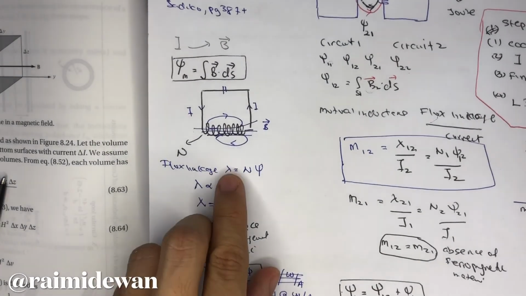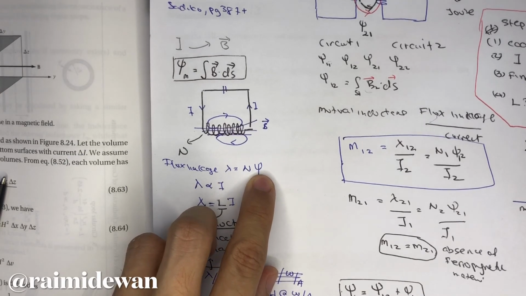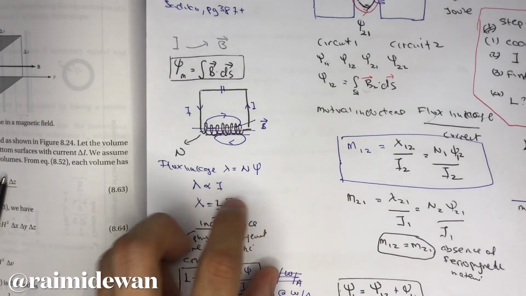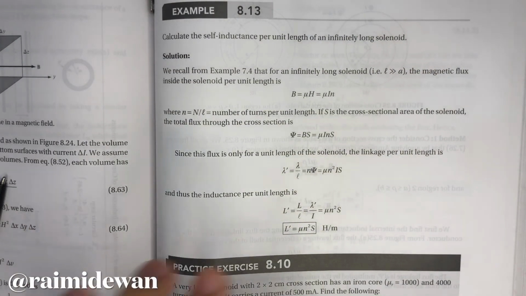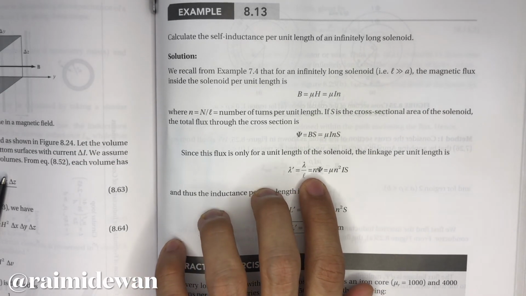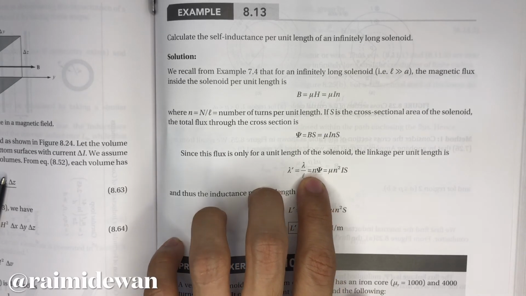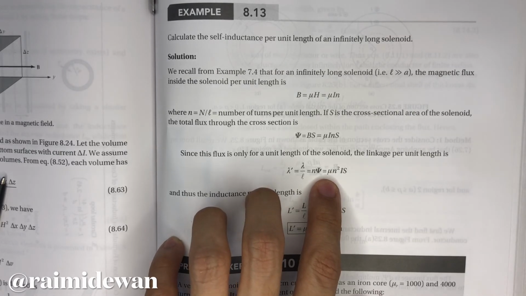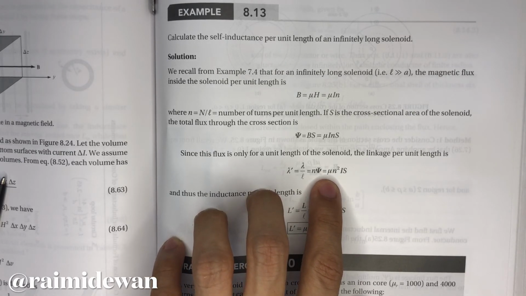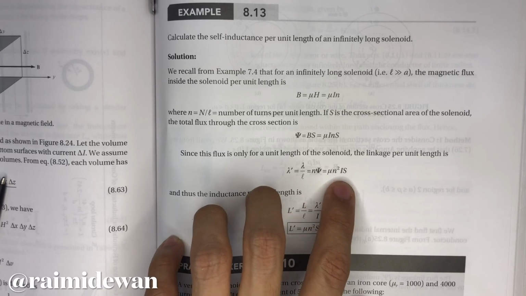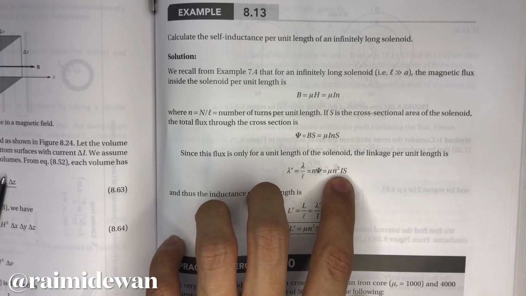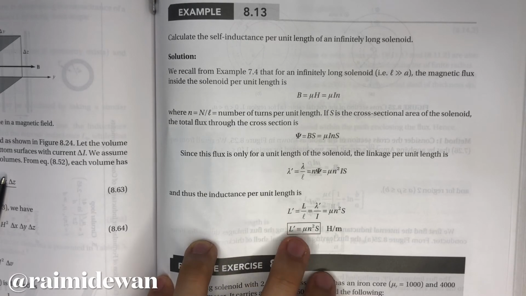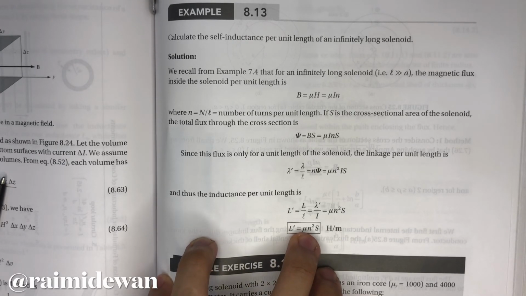Here lambda equals to N flux because it's involved with per unit length, so lambda over L. So this one is over L as well, N flux over L, equals to this equation, mu N, which is the ratio, IS, and thus the inductance per unit length is actually L prime equals mu N squared S.